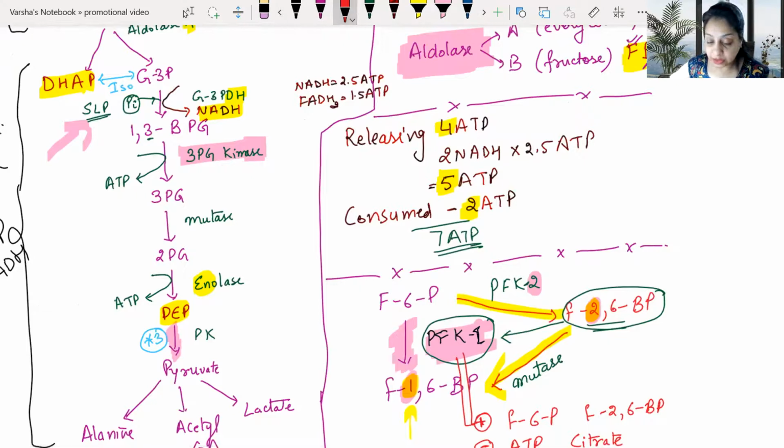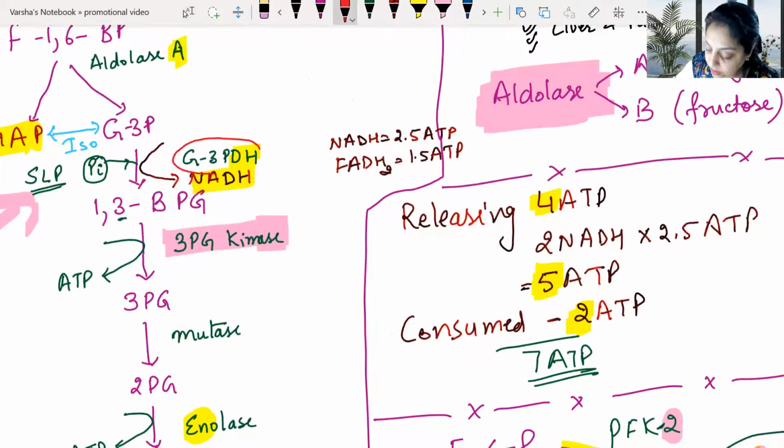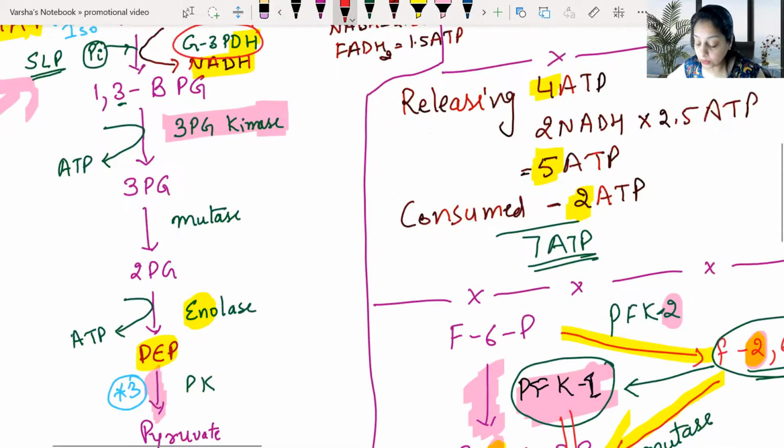One inhibitor is hampering whom? Glyceraldehyde 3-phosphate dehydrogenase. Who is inhibiting it? Iodoacetate. Another important question from the examination point of view. Iodoacetate inhibits glyceraldehyde 3-phosphate dehydrogenase enzyme, right?